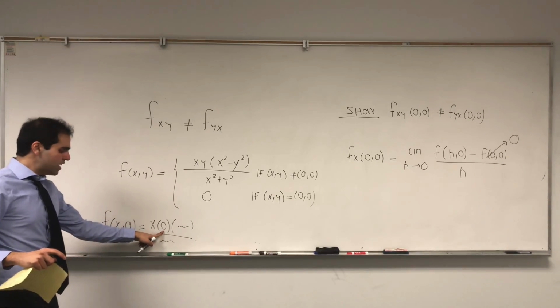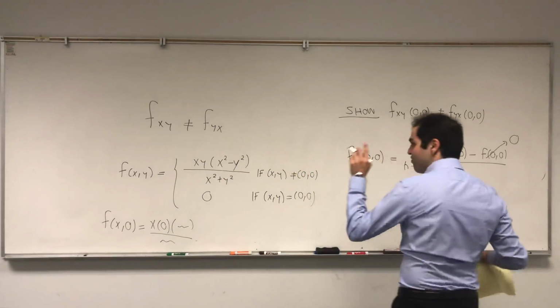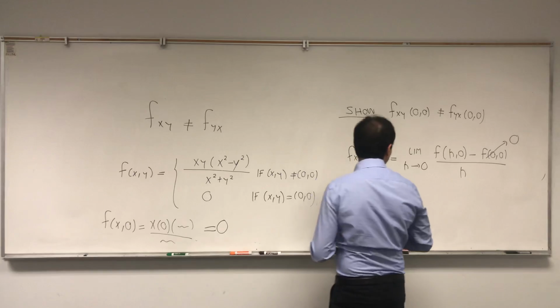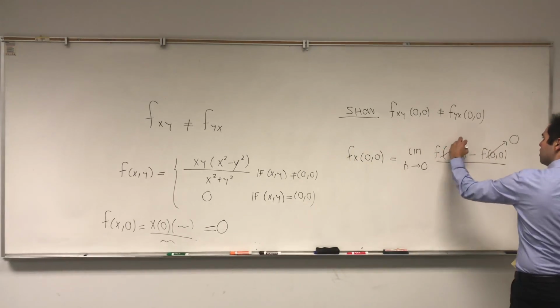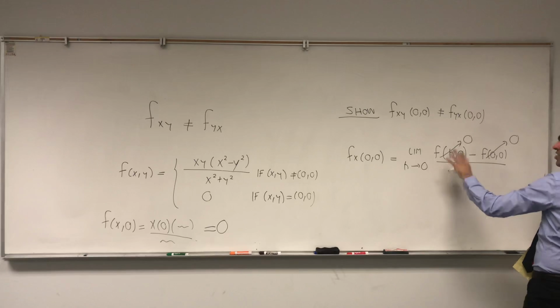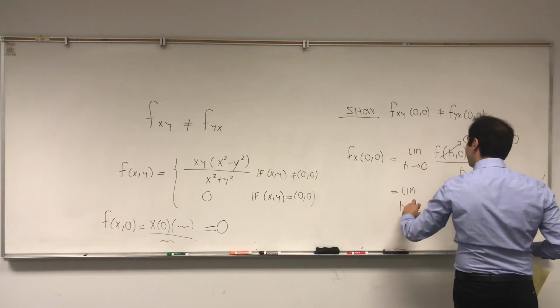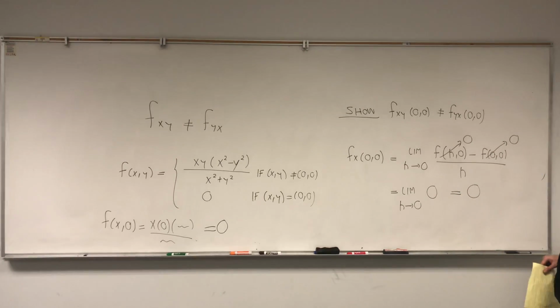So, in particular, on the x-axis, f is identically equal to 0. So no matter what h we pick, this is always 0. So you're just taking the limit as h goes to 0 of the 0 function, and that one's just 0.